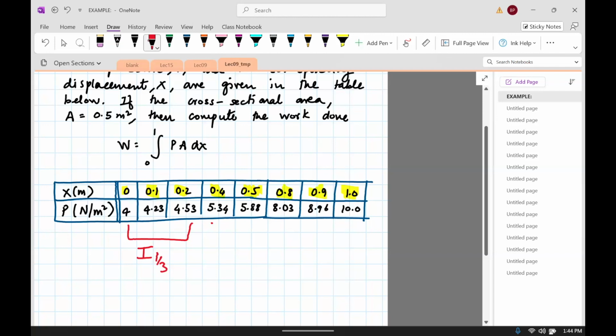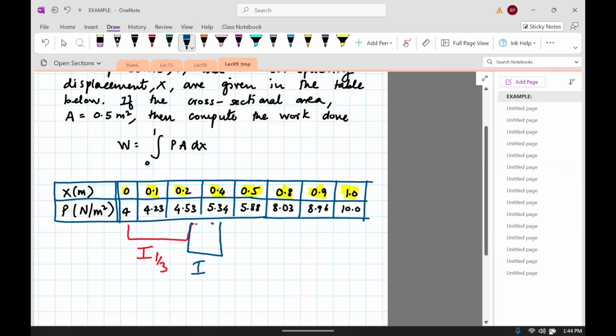Okay, next we need to integrate from 0.2 to something. So 0.2 to 0.4, 0.4 to 0.5. Now we can go from 0.2 to 0.4, but we can't go all the way to 0.5 because the grid changes; from 0.4 to 0.5 it's only 0.1. So we integrate just to these points, so there are 2 points.